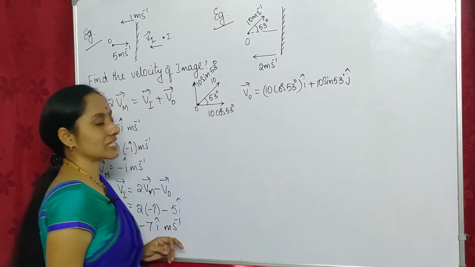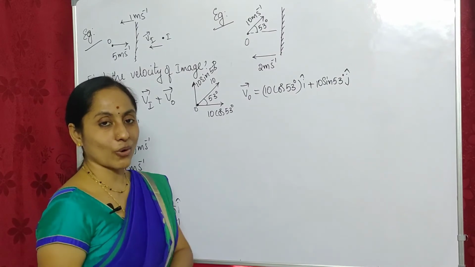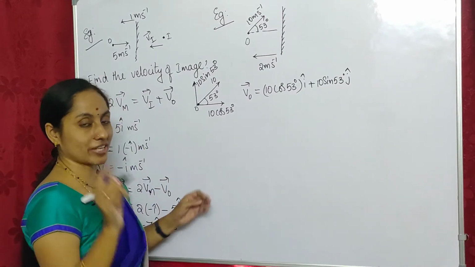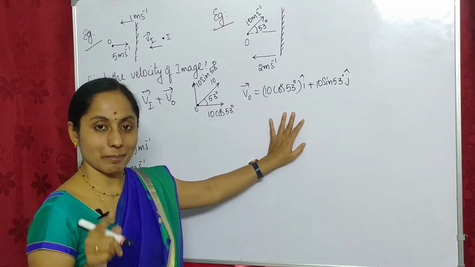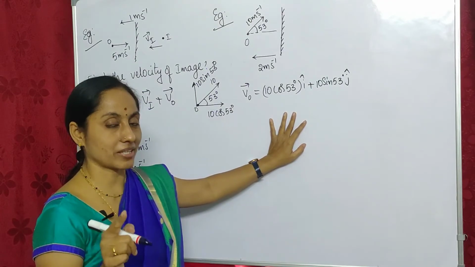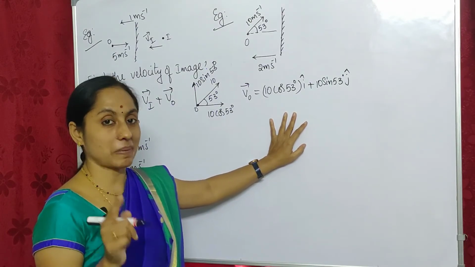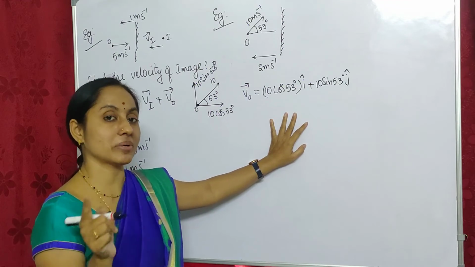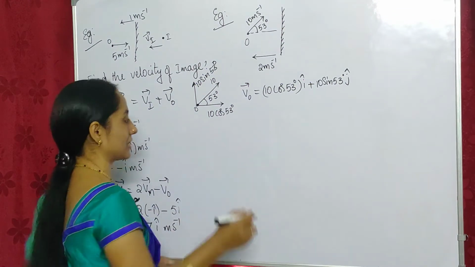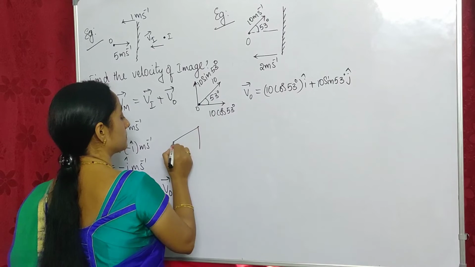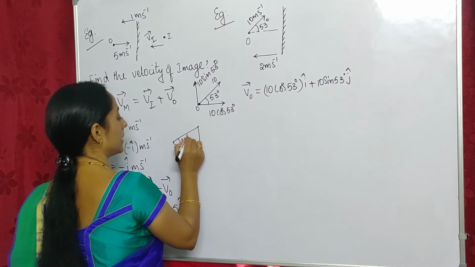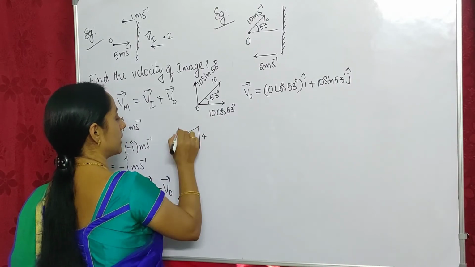What is cos 53, sin 53? Those who don't know, I always say a short trick. Those who want the trick, please go to my vectors chapter lesson where I explained a short trick how to remember 37 degrees and 53 degrees. So if you just draw a perpendicular, 53 here and 4 comes here, 3 and 5.